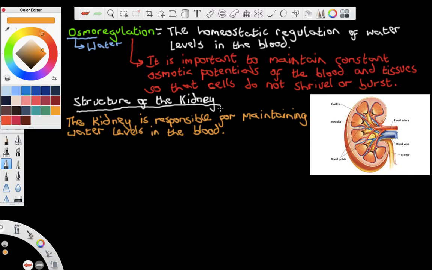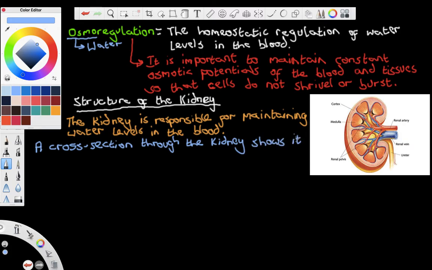We can say that a cross-section through the kidney shows it is made of dot dot.